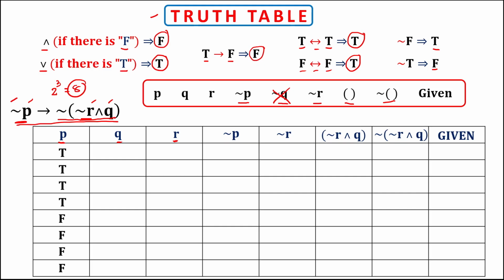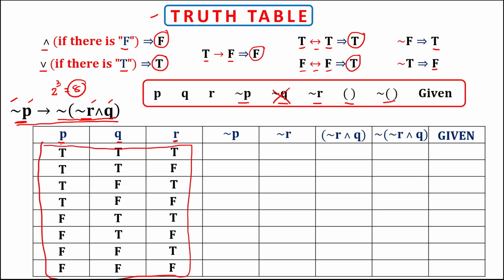Then for Q, true, true, then false, false, then true, true, then false, false. And for R, this one is true, false, true, false, true, false, and true, false. Now again, these values are constant for P, Q, and R.